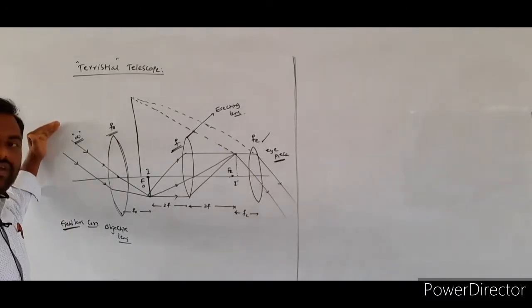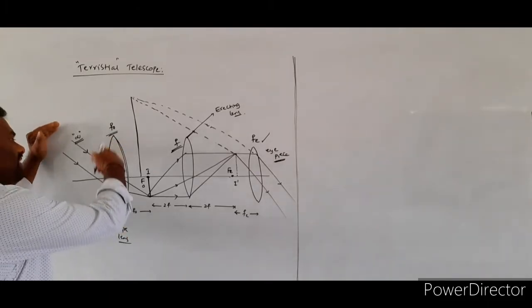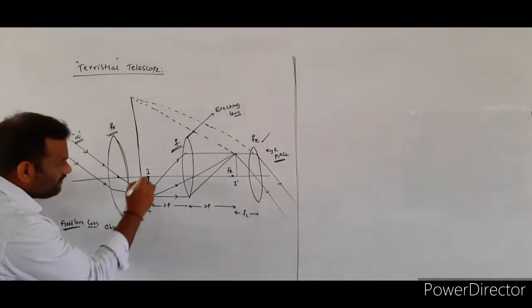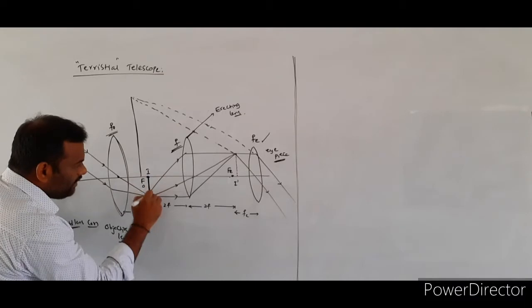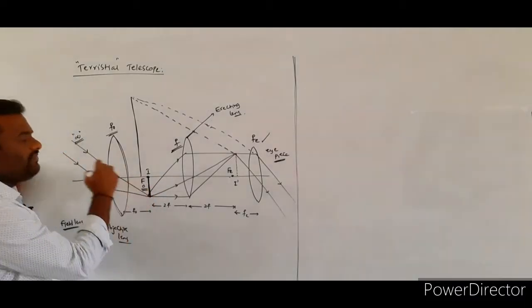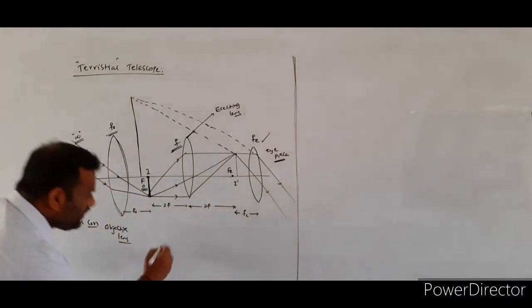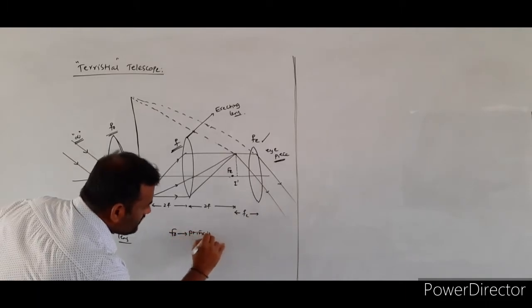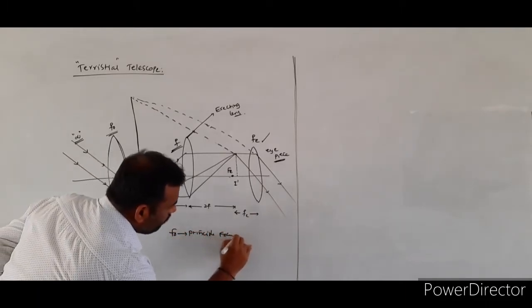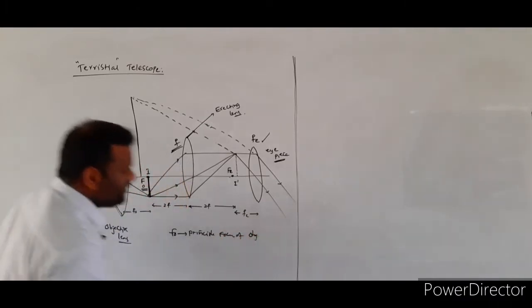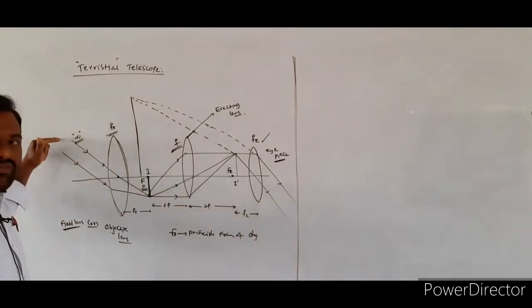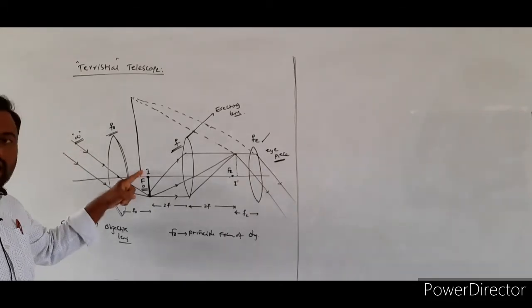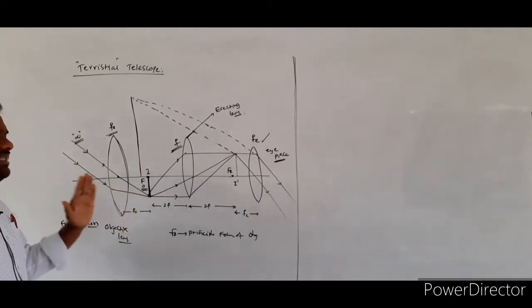Whenever a parallel beam of light is incident on a lens, the corresponding image will be formed at the principal focus. So in the diagram, f0 indicates the principal focus of the objective lens. Since the light is coming from the infinite distance object, the corresponding image I will be formed at the principal focus of the objective lens.